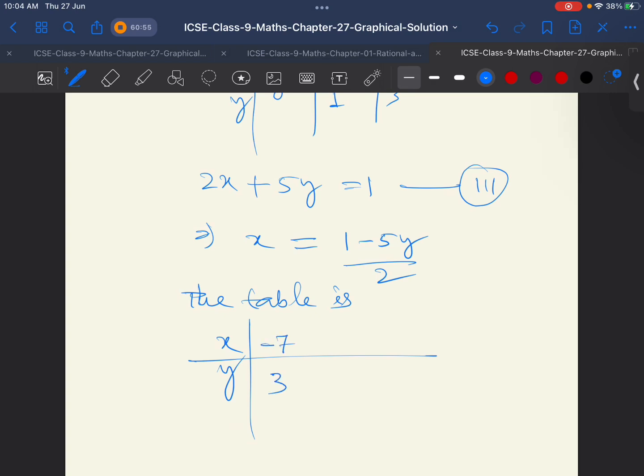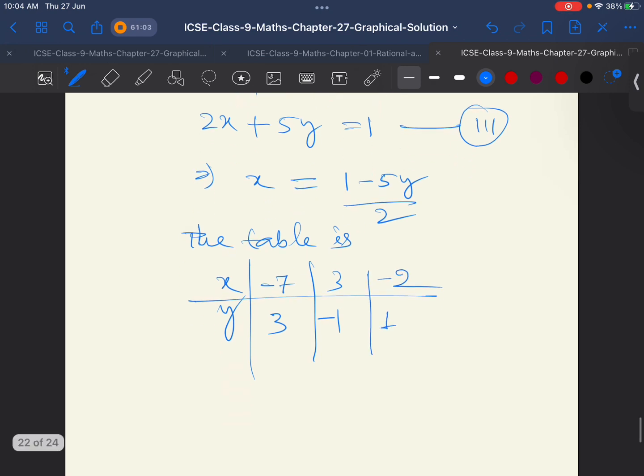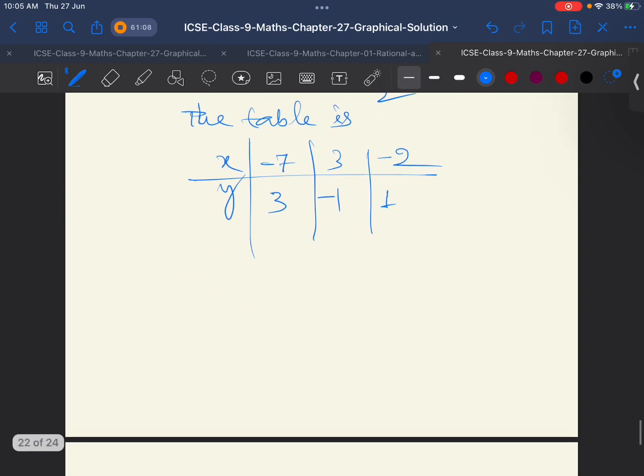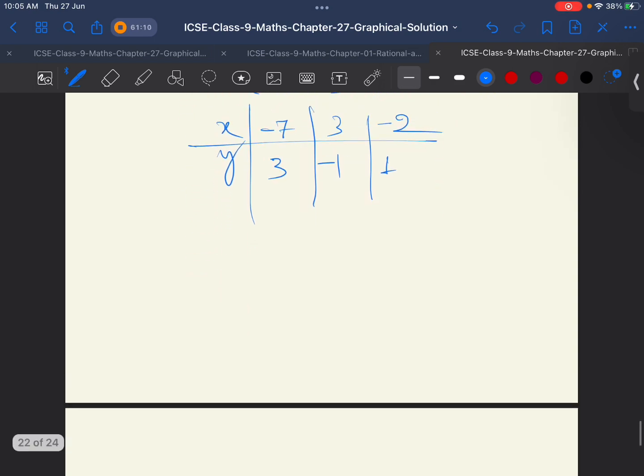So y is 3, x is minus 7; y is minus 1, x is 3; y is 1, x is minus 2. Okay, now we draw the lines.